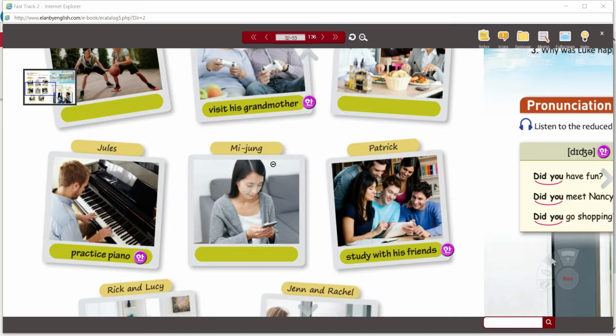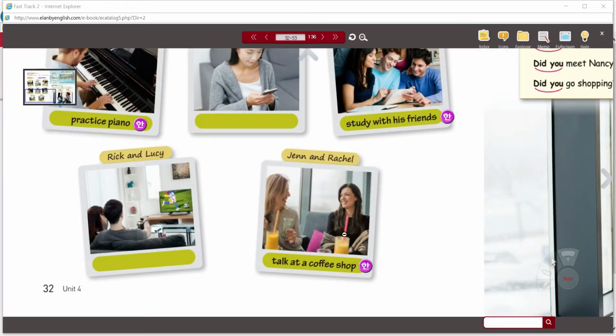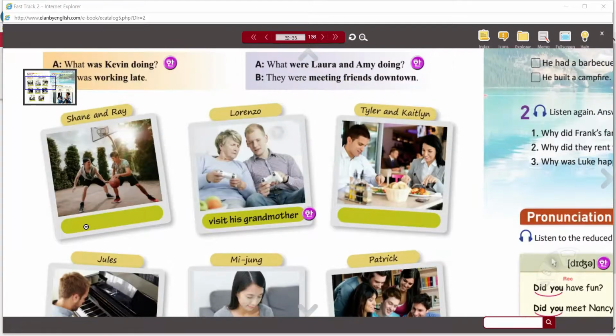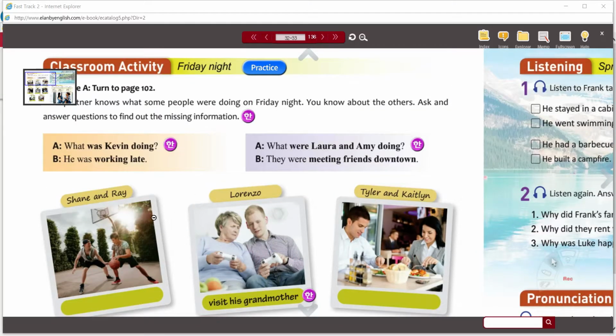You know about Jules, you know about Patrick, you also know about Lorenzo and these two women here. Okay? You need to find out information about Rick and Lucy, Mijong, Shane and Ray, and Tyler and Caitlin, because you don't have that information, student B. Student A, you will also ask questions where you don't have information. So that indicates who will ask and answer.